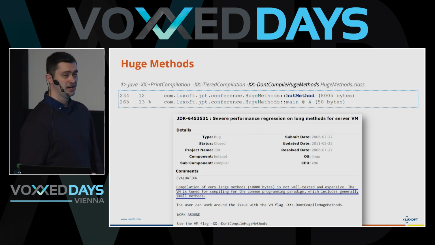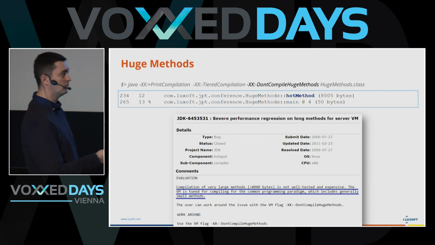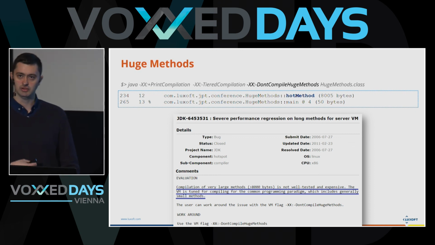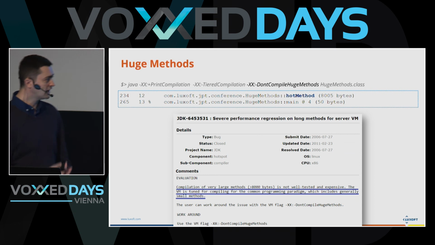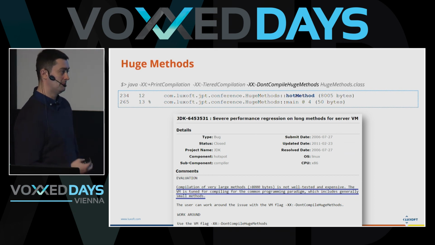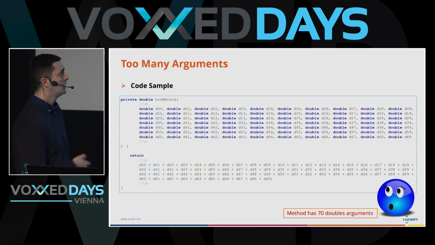In this case, they disabled their compilation implicitly because, as it is written here, they are not well tested, and probably they'll have other implications in regard to the code cache, to the flushing policy on the code cache. So if you have such huge methods, it's maybe better to refactor them, because turning off don't compile huge methods might cause other side effects.